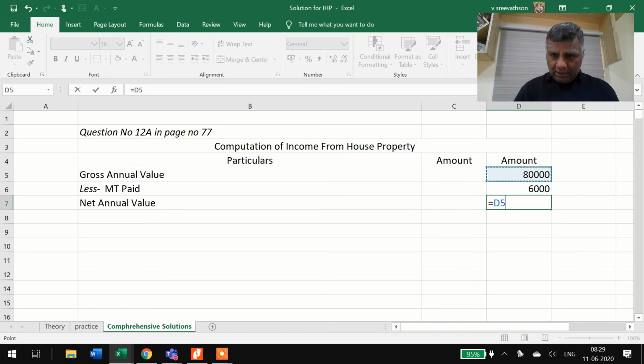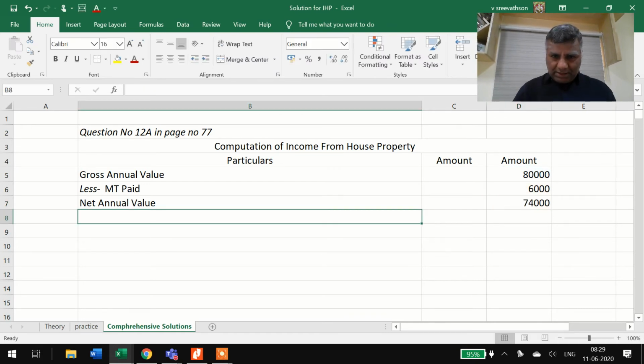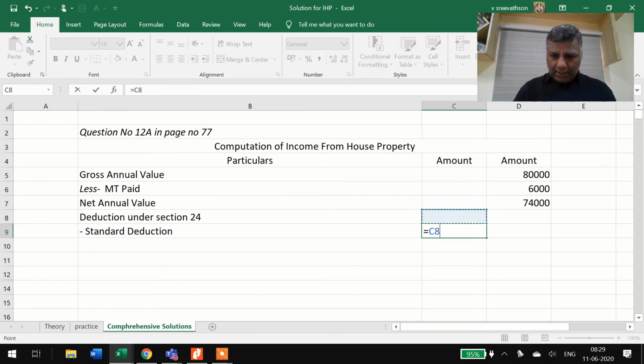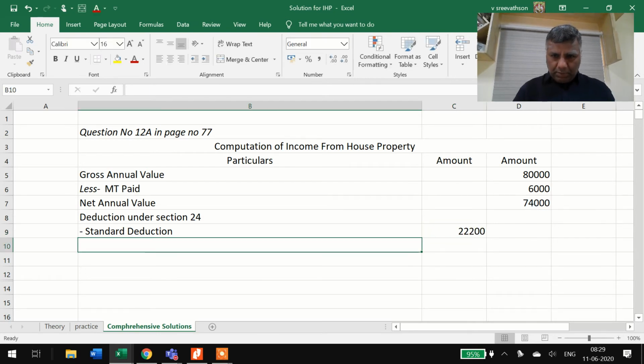Net annual value will be 74,000. Deduction under section 24. Standard deduction, 74,000 into 30%.